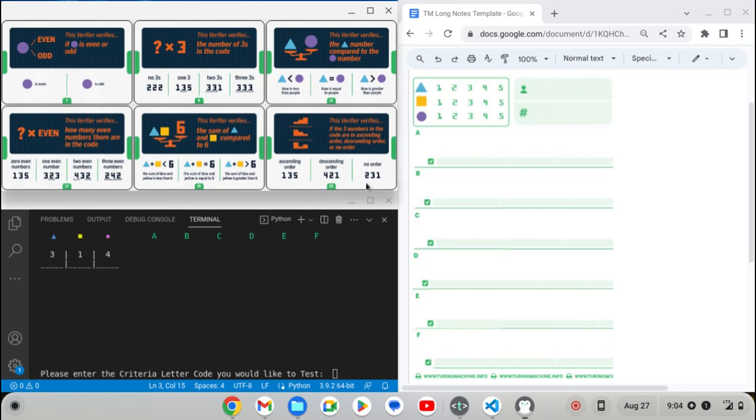Notice that in the example 231, we first start off at 2, increase to 3, and then decrease down back to 1. So it's that shift from increasing to decreasing, or in other cases, decreasing to increasing, that is one way to define the 3-digit code to have no order.